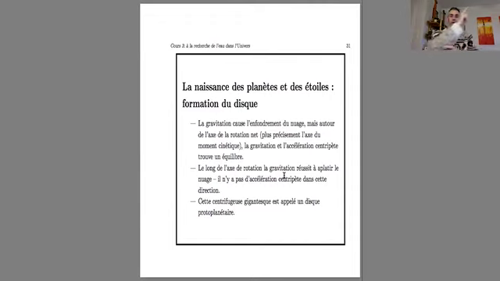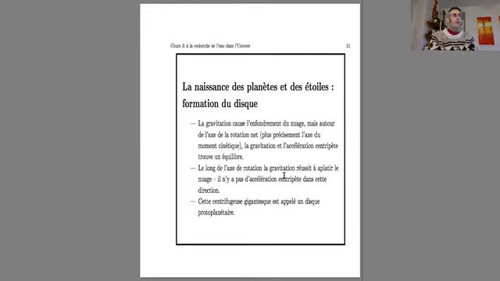So let's take, for argument's sake, that the rotation axis is in that direction. Then the force of gravity perpendicular to that axis of rotation will be repelled by the centrifugal force.